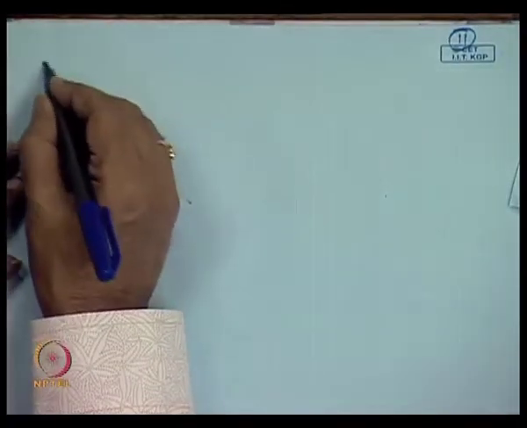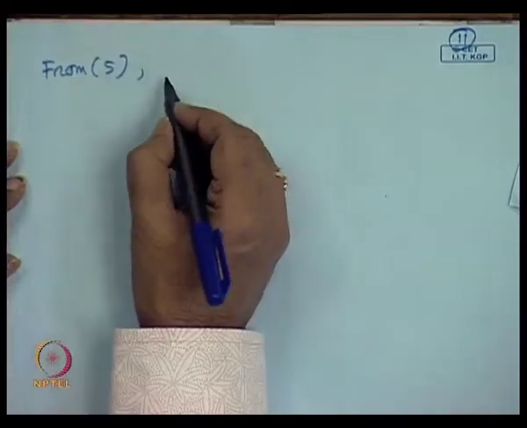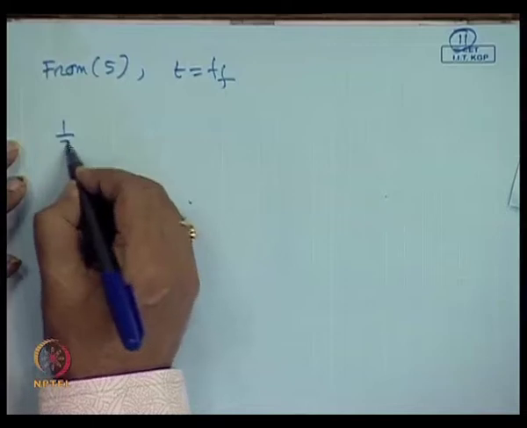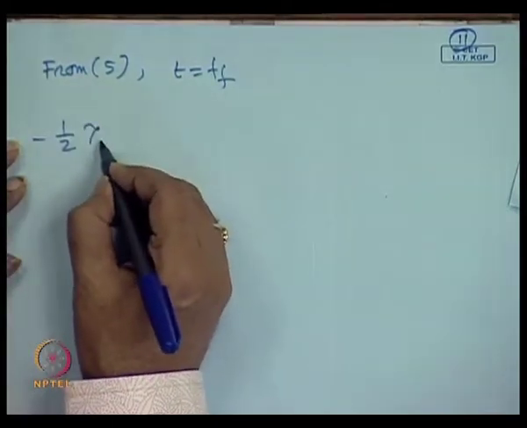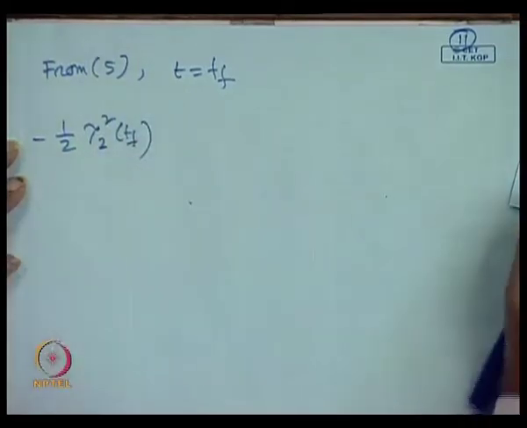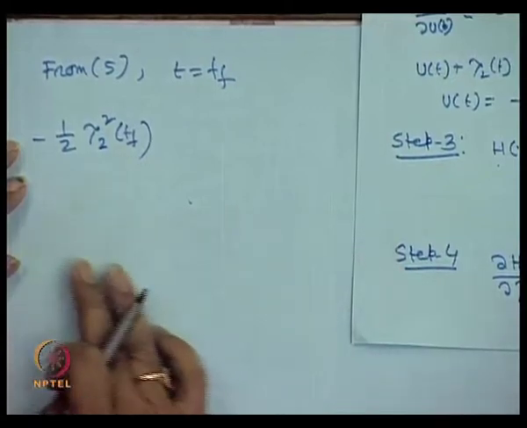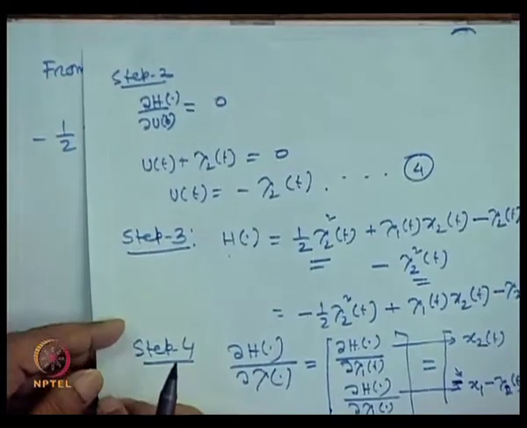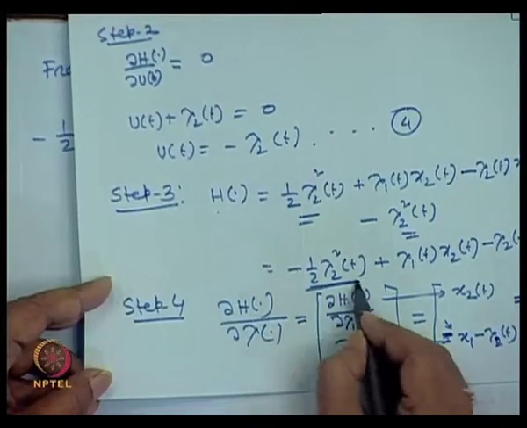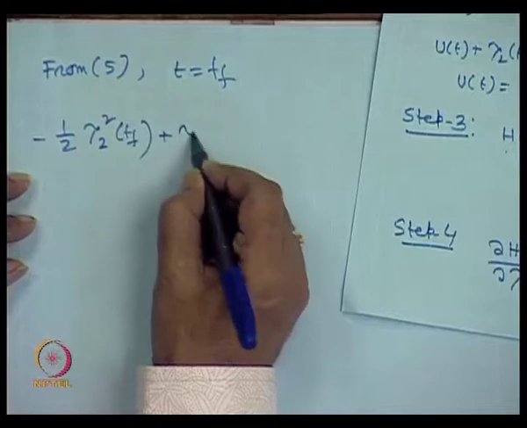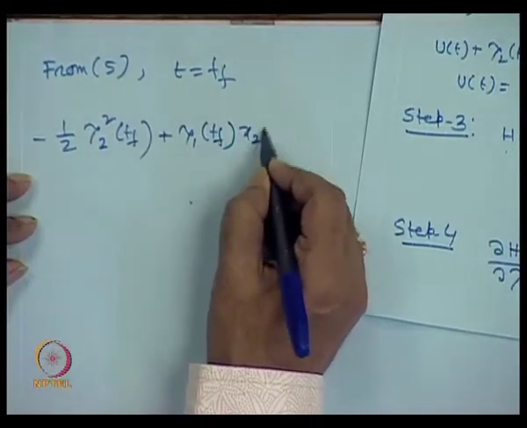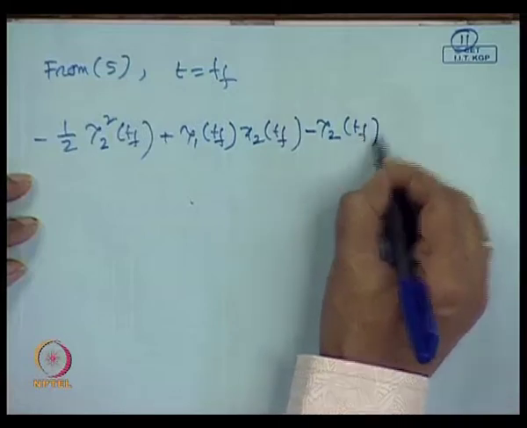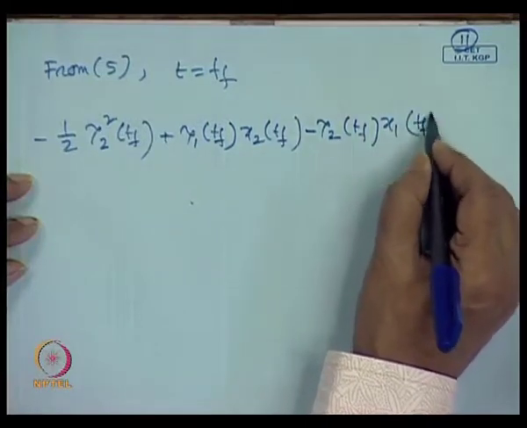From equation 5, put t equal to T_f: half minus lambda square of T_f, that is half λ² of T_f, then λ1(T_f) x2(T_f) minus λ2(T_f) x1(T_f) is equal to 0.